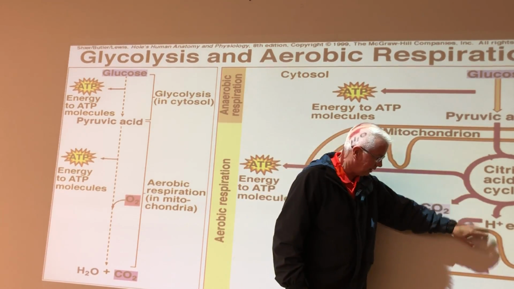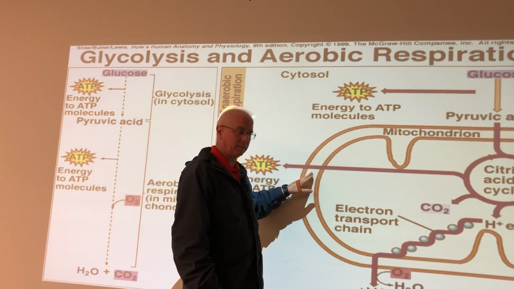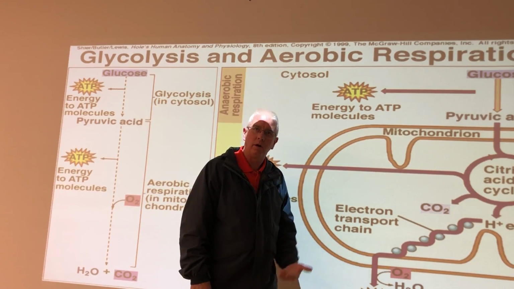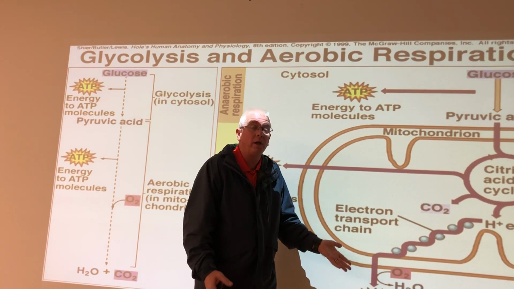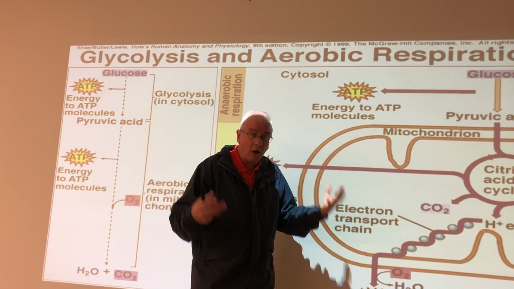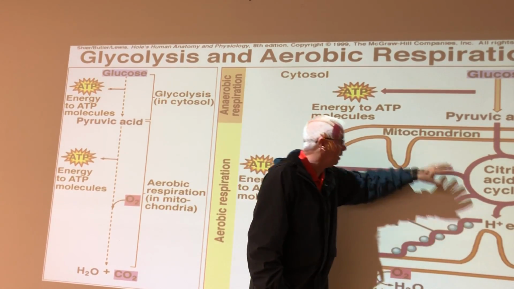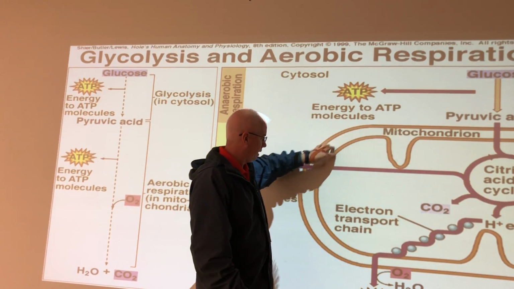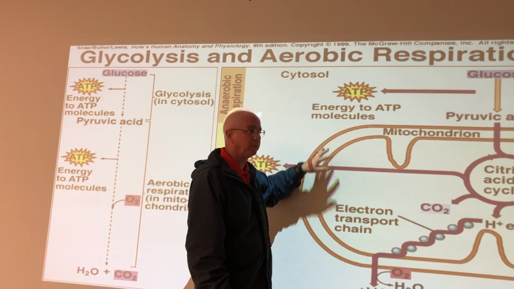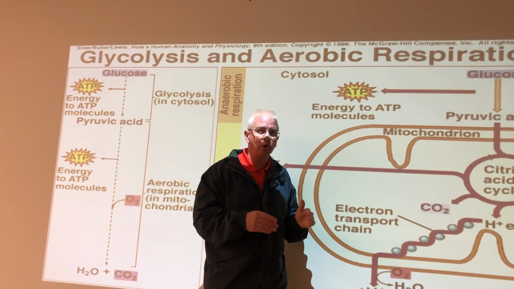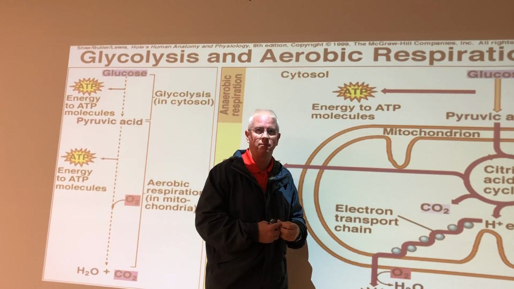And the protons end up in this space between the inner and outer membrane. And you think, oh my word, how far do we have to go with this? Okay, this is an important outline piece of what's happening. The protons in this story build up inside this space between the inner and outer membrane of the mitochondria. And you generate, over the course of time, what's called a proton gradient.